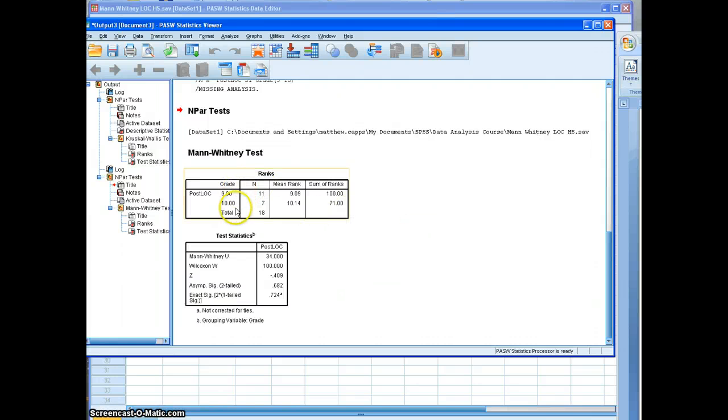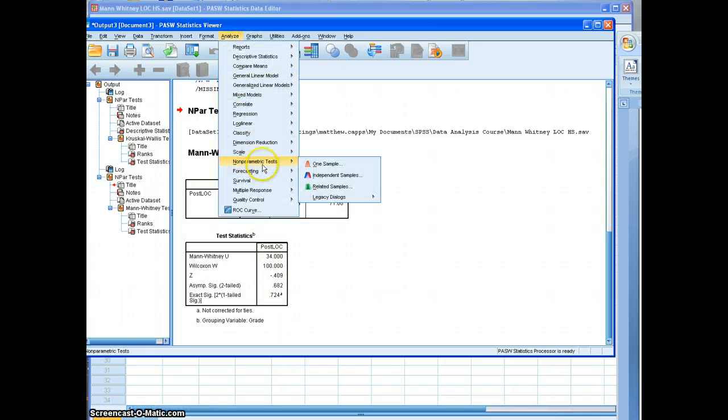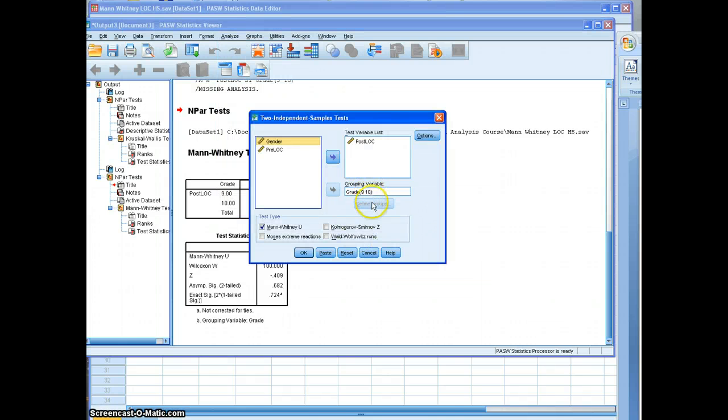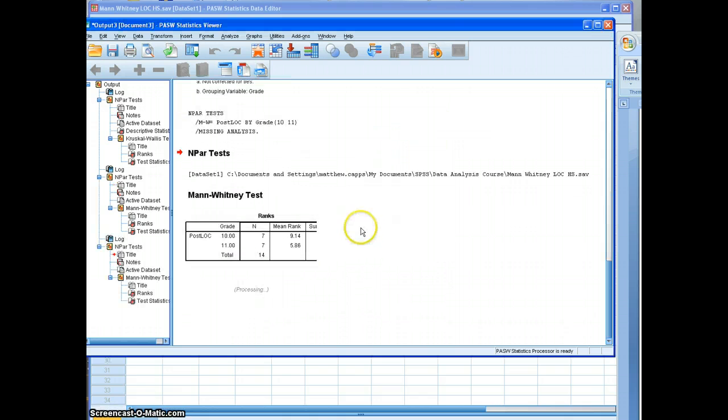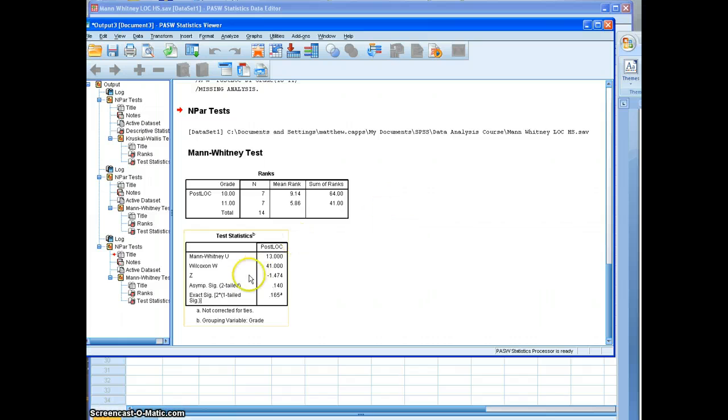So when I do just grade 9 and 10, I find there is no difference. That's not it. So I'm going to redefine my group. Say grades 10, 11. That's not it either, because this significance level is not less than 0.05.